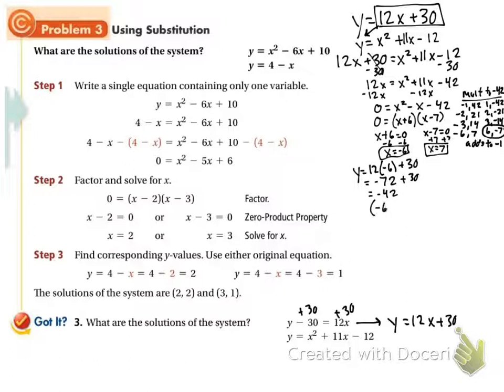So this is the point negative 6, negative 42. Do the same thing over here. 12 times 7 gives me 84 plus 30, which gives me 114. So this is the point 7, 114. And those two would be my solutions.